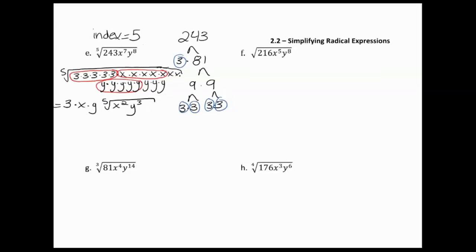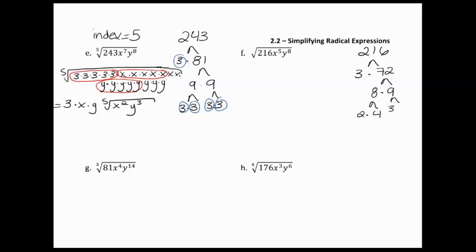Let's take a look at example F. So find the prime factorization of 216. So 216. Two numbers that when we multiply them give me that. So 3 times 72. 72 is 8 times 9. 8 could be 2 times 4.